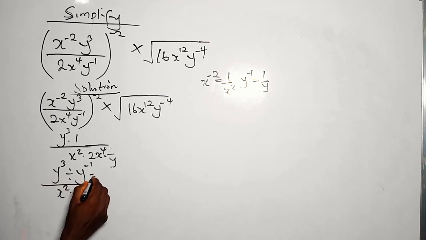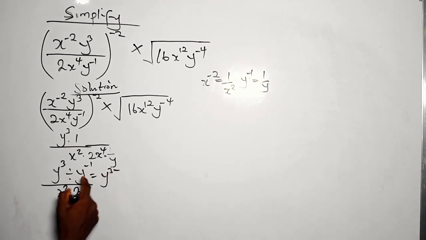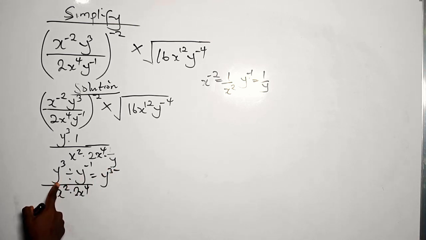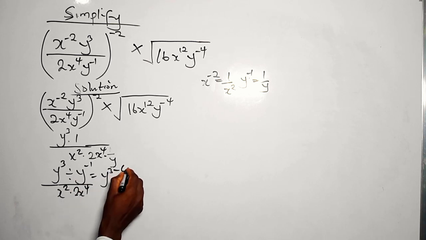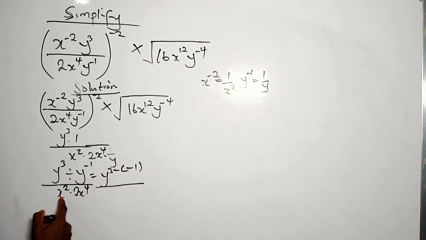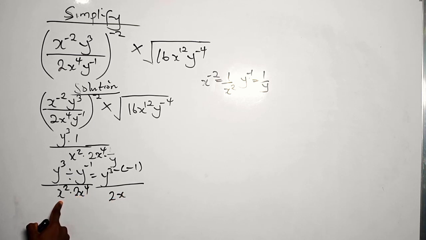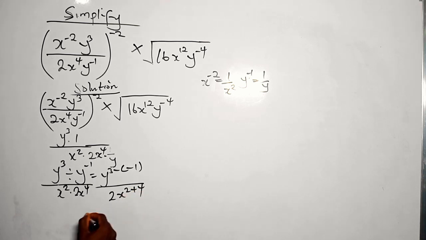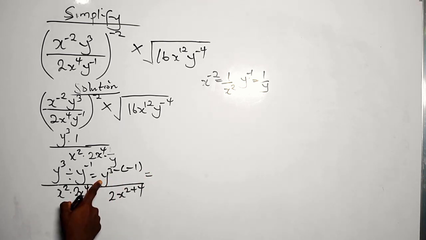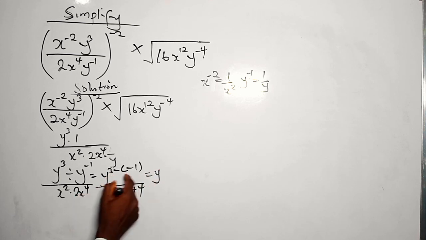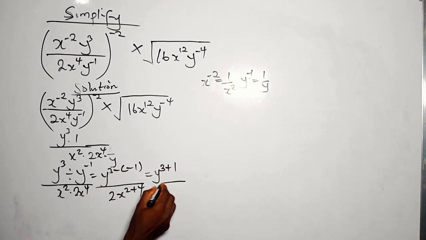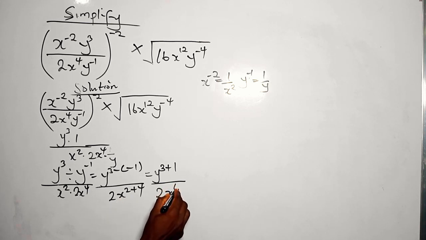So we have y^3 minus, dividing the same base, minus minus 1. Here we have 2 times x; by the law of indices, multiplying the same base, we add the powers, so 2 plus 4. So we have y^(3+1), which is y^4, divided by 2x^6.